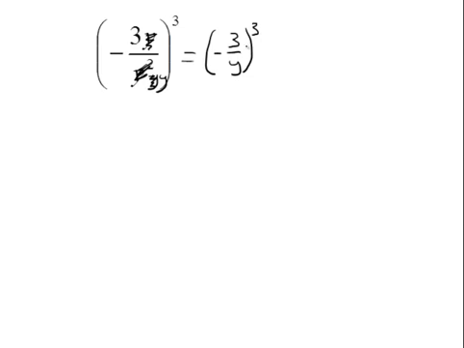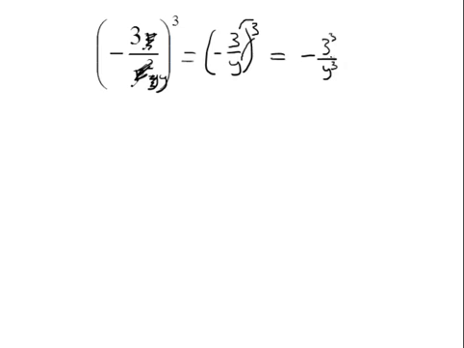And so now I can distribute that exponent to all the objects inside here, including the negative sign. Remember, a negative raised to an odd number means I'll have one negative sign left over when they all start canceling out. So my answer is going to be a negative. And then 3 to the third power and y to the third power gives us 3 to the third on top and y to the third on the bottom.